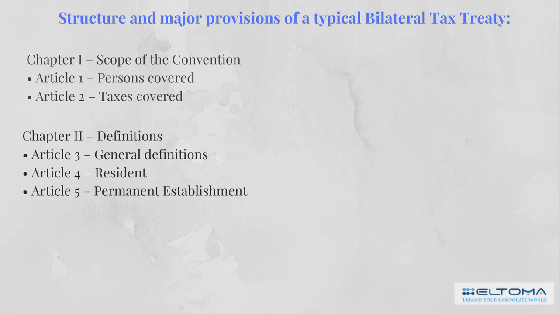We will talk about the taxes covered by the typical bilateral tax treaty a bit later. Chapter 2 provides definitions. Article 3 provides general definitions. Article 4 provides the definition of a resident. And Article 5 provides a definition of a permanent establishment.